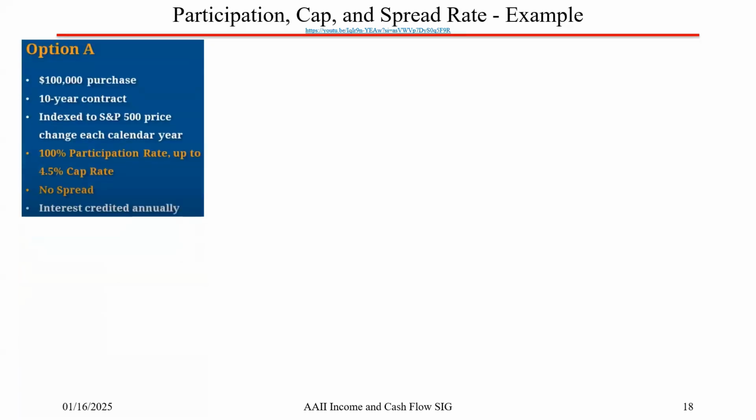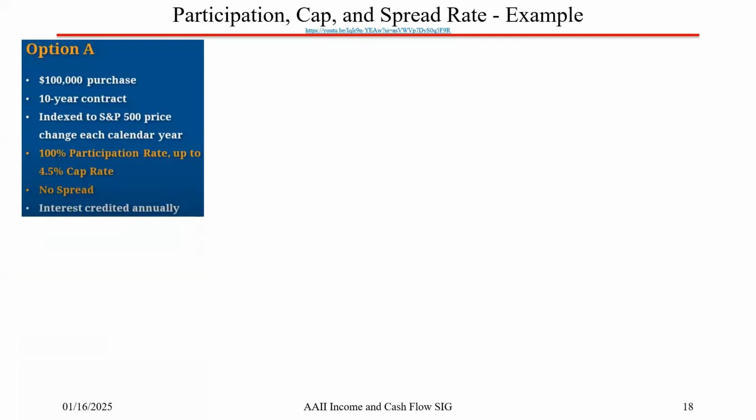Here's an example of these numbers. Option A: you have an initial 100K. It's a 10-year contract. You index to the S&P 500. The key thing here is 100% participation, 4.5 cap rate, and no spread.